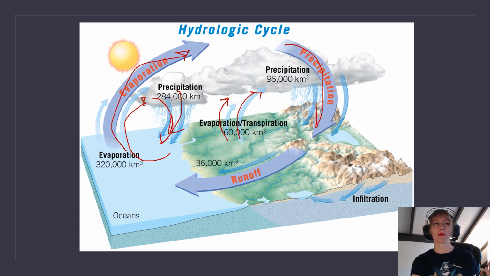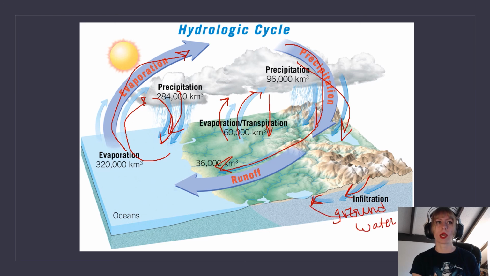Other times it will precipitate straight onto land or straight onto the mountains, and then it will have runoff, which is where we're going to get our rivers and streams, infiltration, which is when it goes into groundwater, okay, which then will come up in shallow aquifers or even as lakes where you have it dip really low. And then eventually this will all go out into the oceans, go back up into the atmosphere, and start all over again.